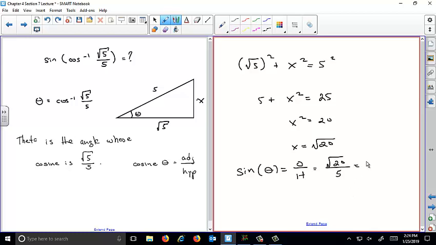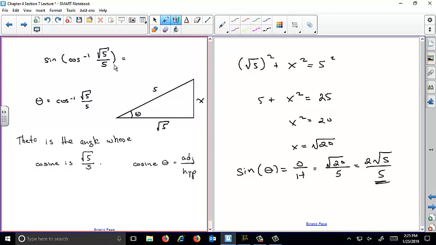We could factor out a 4. So the square root of 20 is the square root of 4 times 5. The square root of 4 is 2. So you get that. The sine of the angle whose cosine is the square root of 5 over 5 is 2 times the square root of 5 over 5.